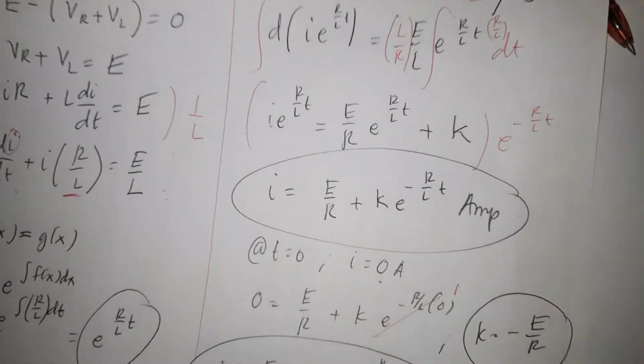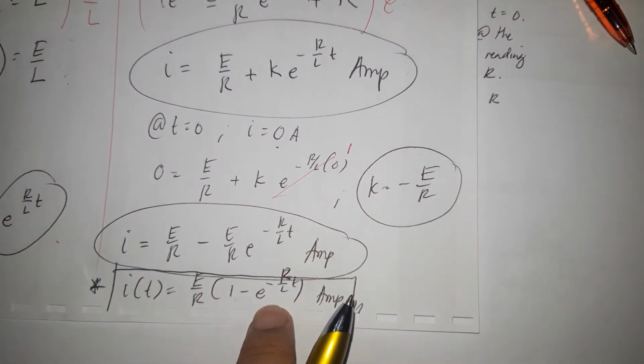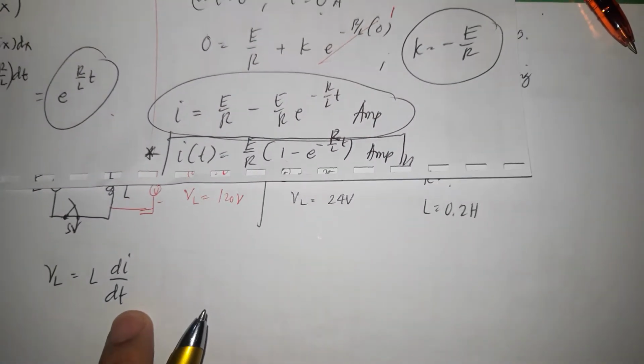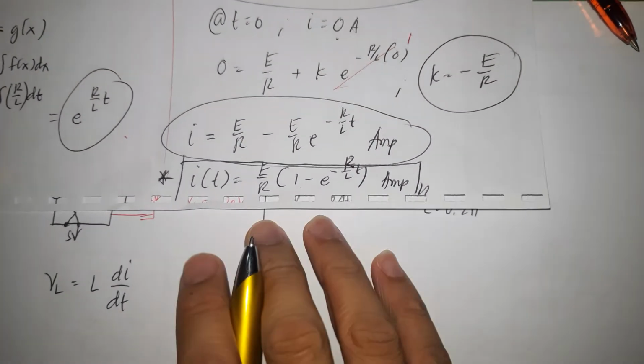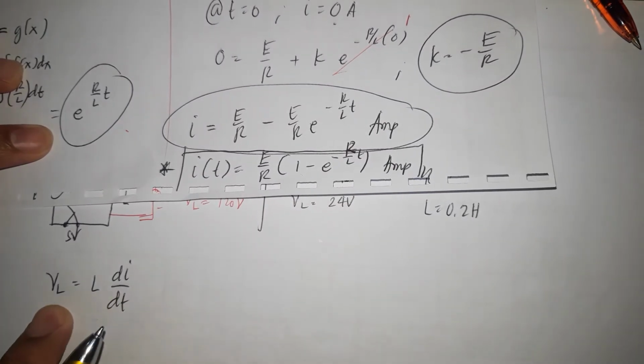You just have to review it. Since I is E over R times the quantity 1 minus e to the negative R over L t, I just need to copy it here and take its derivative and multiply by L to solve for VL.